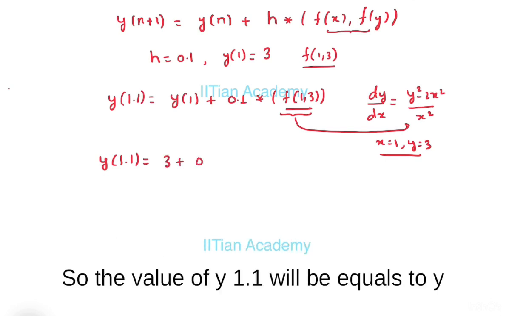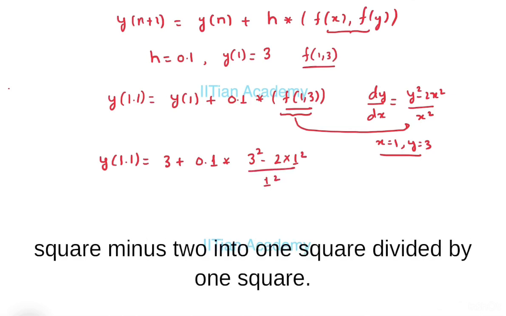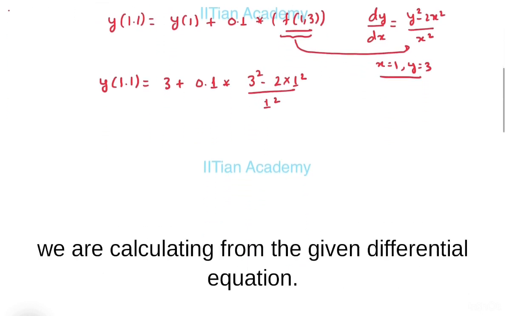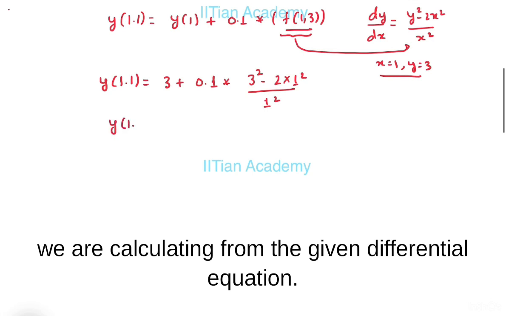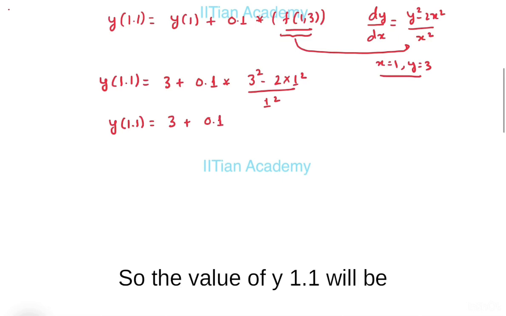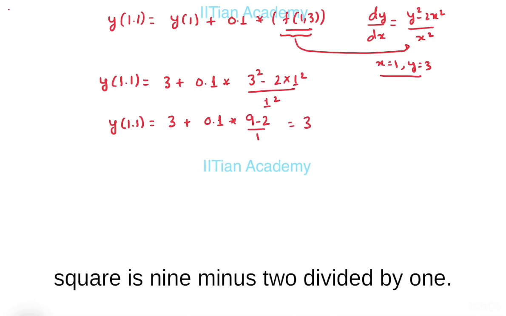So the value of y at 1.1 will be equal to y of 1, which is 3, plus 0.1 multiplied by 3 square minus 2 into 1 square divided by 1 square. So please note that this is the value we are calculating from the given differential equation. So y at 1.1 will be 3 plus 0.1 into 9 minus 2 divided by 1.